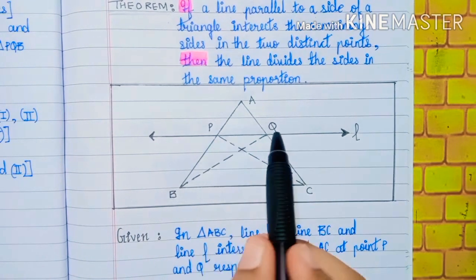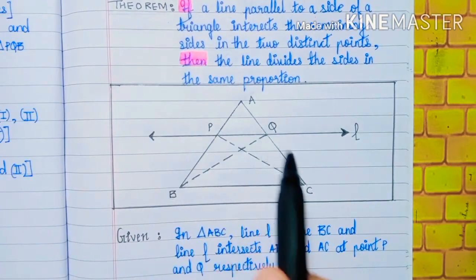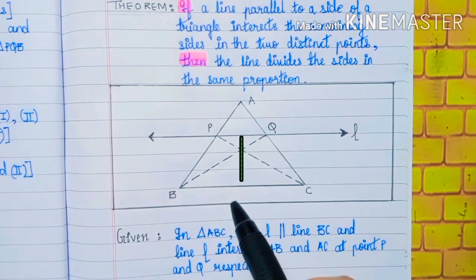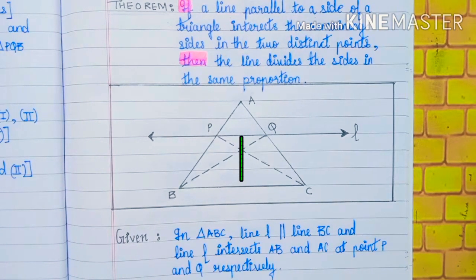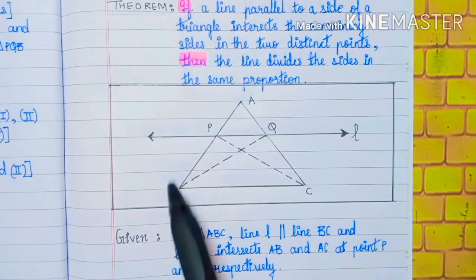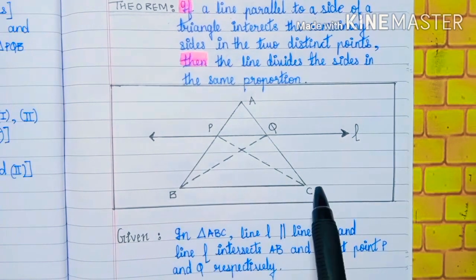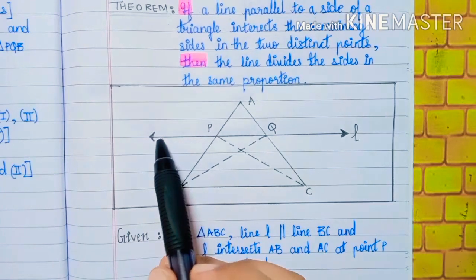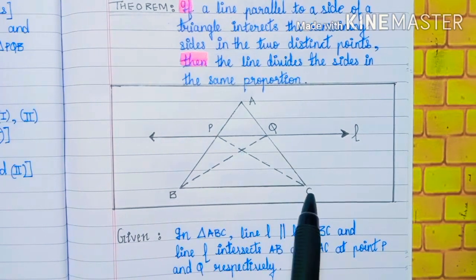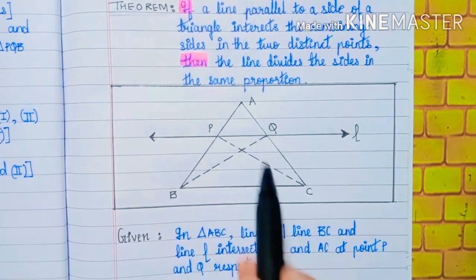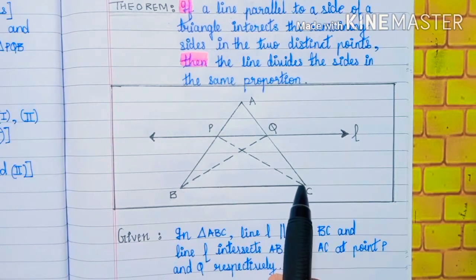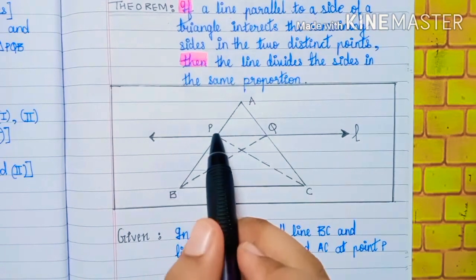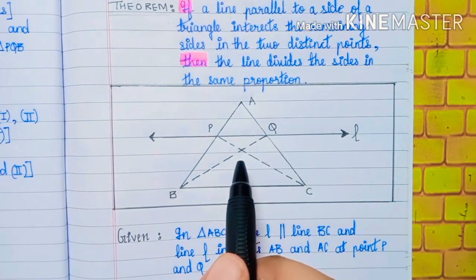Hence, PQB and PQC triangles have equal heights. Why do we say that? Because we learned in the previous video that the distances between two parallel lines are always equal. So we know the distance between PQ and BC is equal because these two lines are parallel. That is why we say triangle PQB and triangle PQC have equal heights.